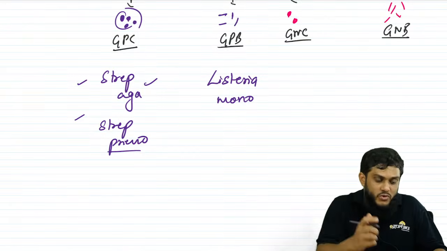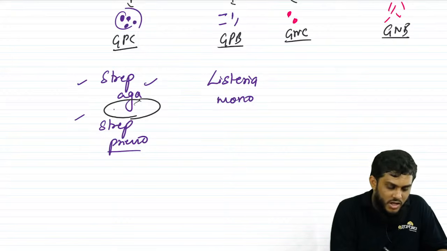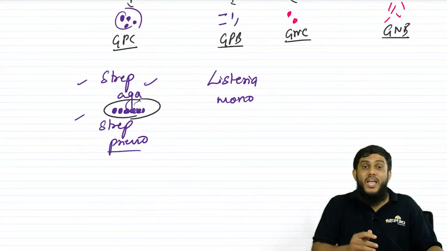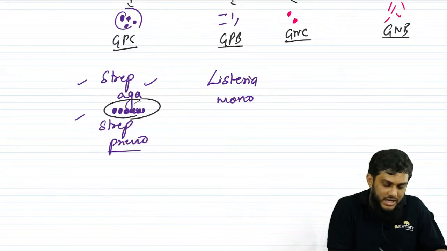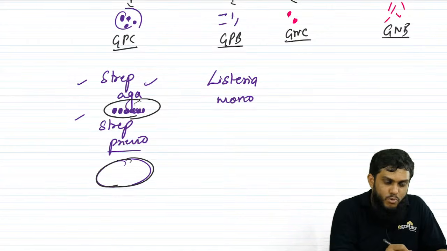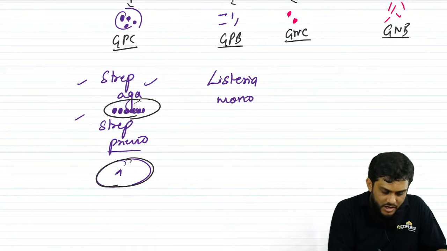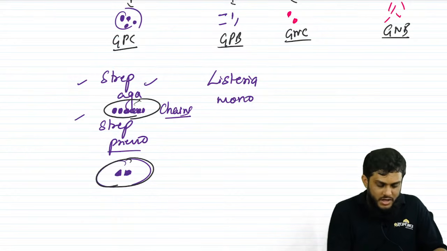But in the gram stain, we know that Streptococci are gram-positive cocci arranged in chains. If you see violet color cocci arranged in chains, that will give a clue that it is Streptococcus agalactiae, and we know that pneumococcus is a gram-positive cocci arranged in pairs. So Streptococcus agalactiae is arranged in chains, whereas pneumococcus, that is Streptococcus pneumoniae, is arranged in pairs.